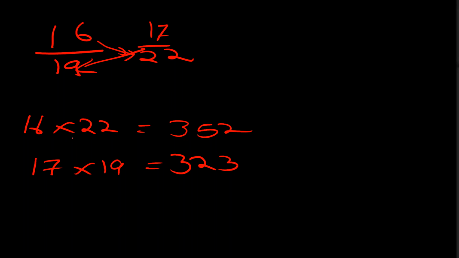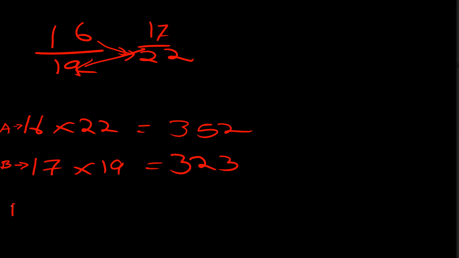So 16 cross 22 is 352, and 17 cross 19 is 323. Now I'm taking this as A, and this as B.